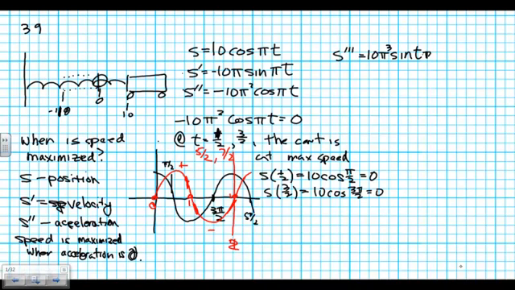So I would go so far as to say acceleration is maximized when s triple prime goes from positive to negative, and that happens at t equal 1 and t equal 3.